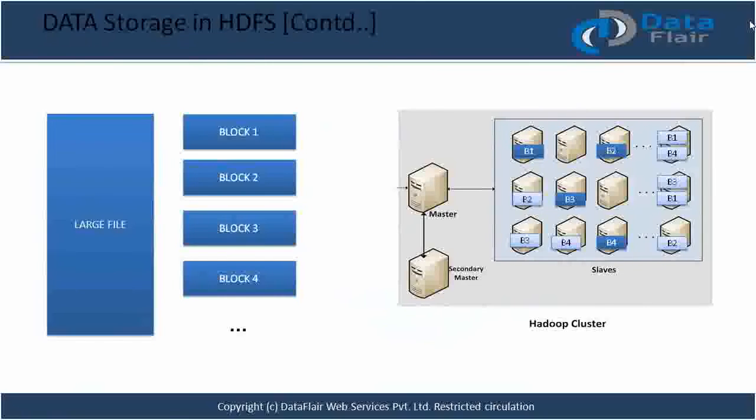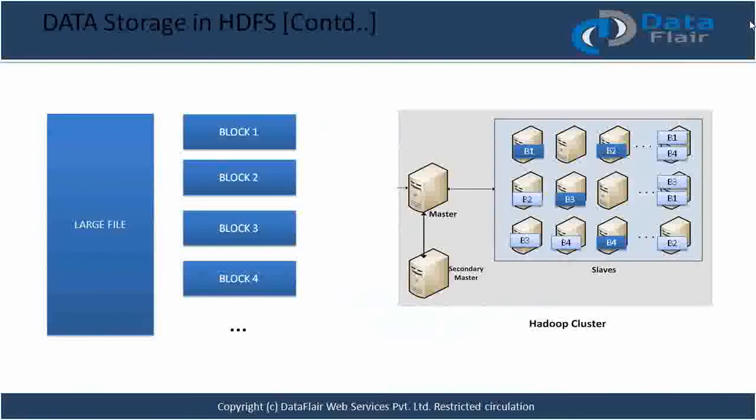All of you guys, it's a very important funda, although it's a little tough to digest. Why? Because now you'll ask me, if I'm copying 100 terabytes of data, it will consume 300 terabytes of space. That's totally correct. But guys, do you know hard disk space is very cheap nowadays?